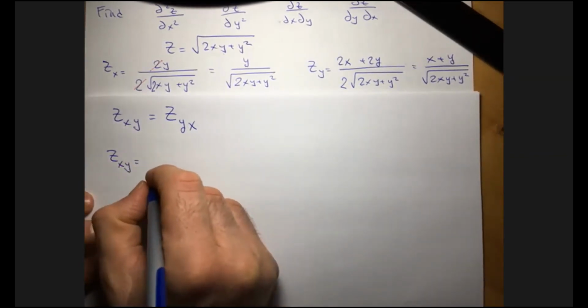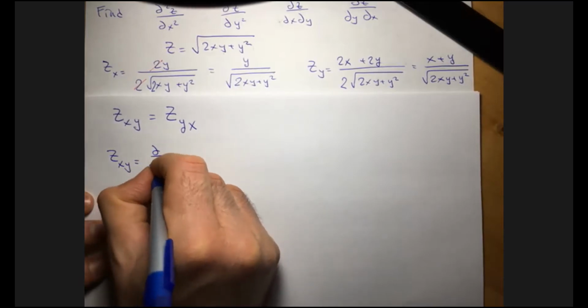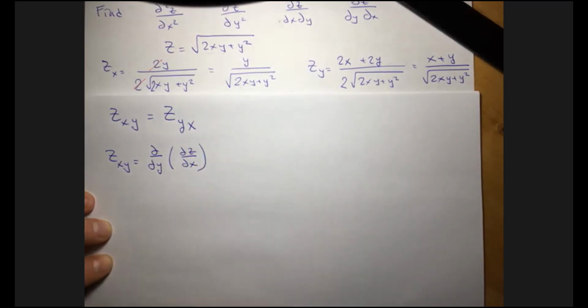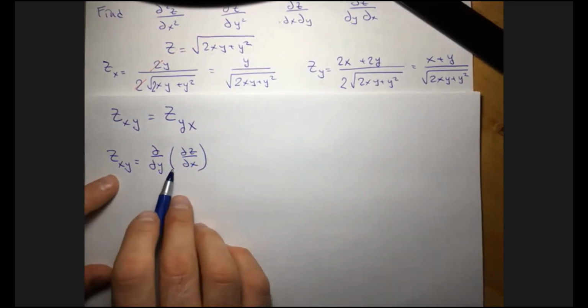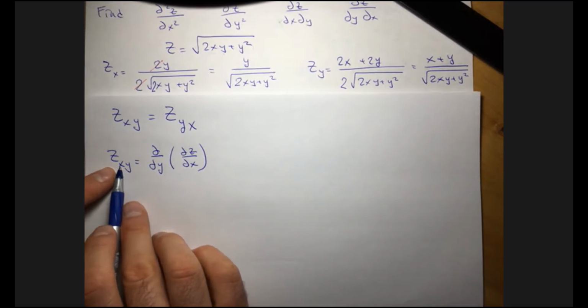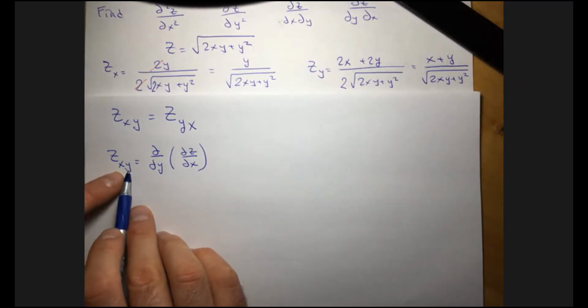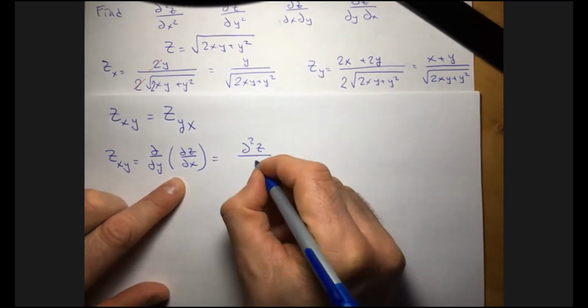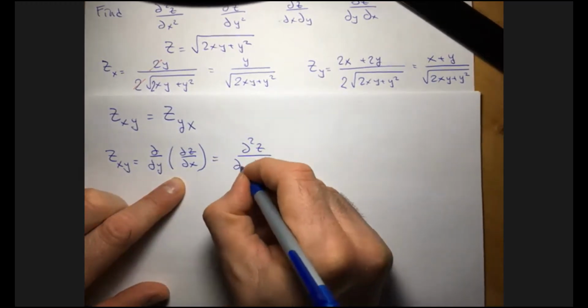is equal to what? Partial y of partial z partial x. I told you to be careful about these two notations. This notation says first find the derivative with respect to x, then with respect to y. This one here says first find with respect to x, then find with respect to y.